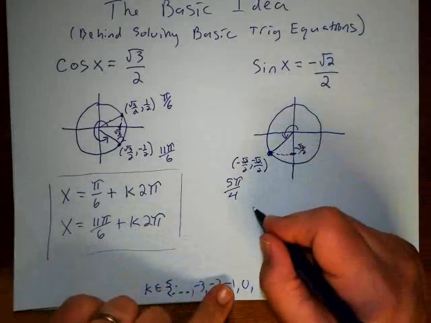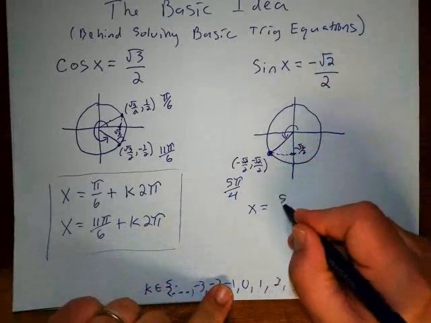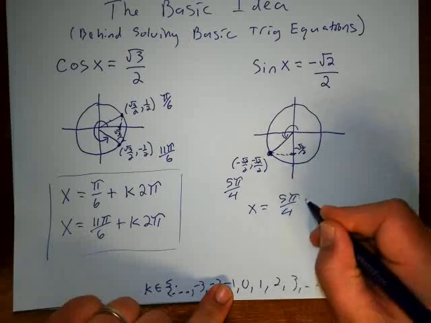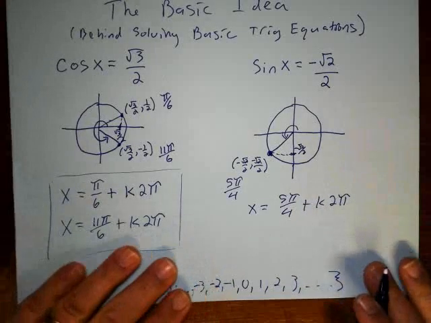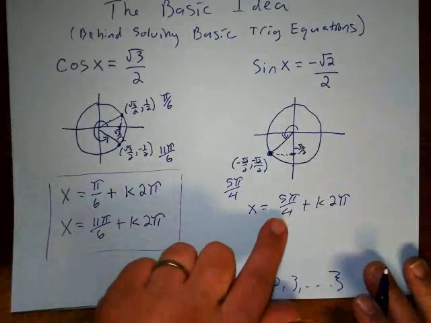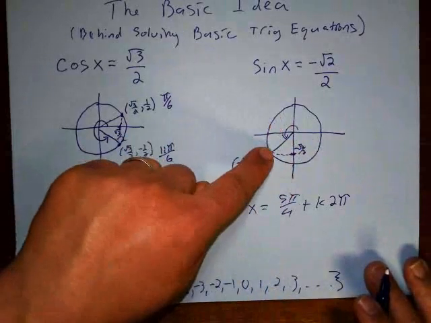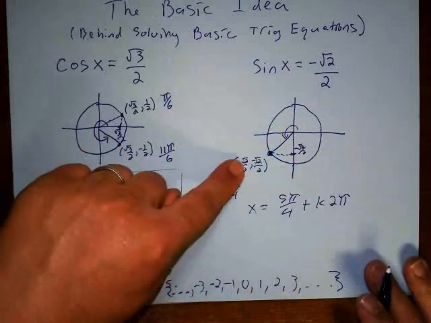And that would be one of the solutions here: 5 pi over 4 plus k times 2 pi. So this would give me that angle plus all the rotations.